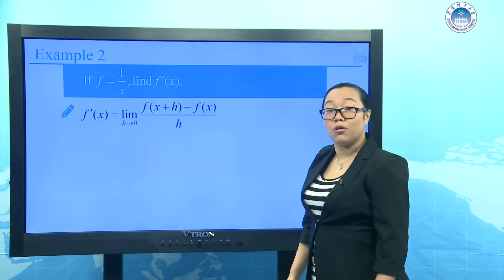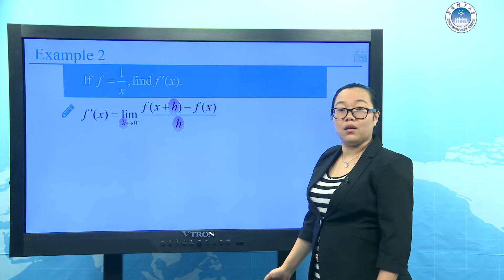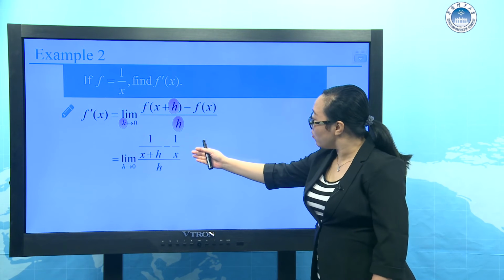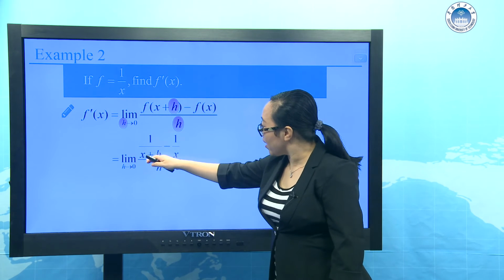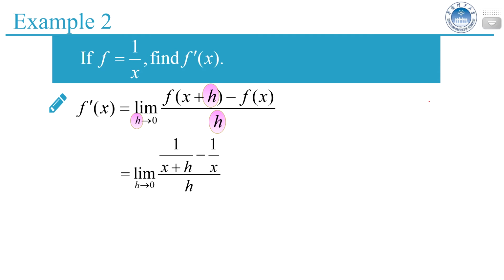So copy the corresponding expression. We write it 1 over x plus h. Pay attention to the limit condition. h tends to 0. How about x? x is some fixed real number, so x is regarded as a constant. h is changeable.